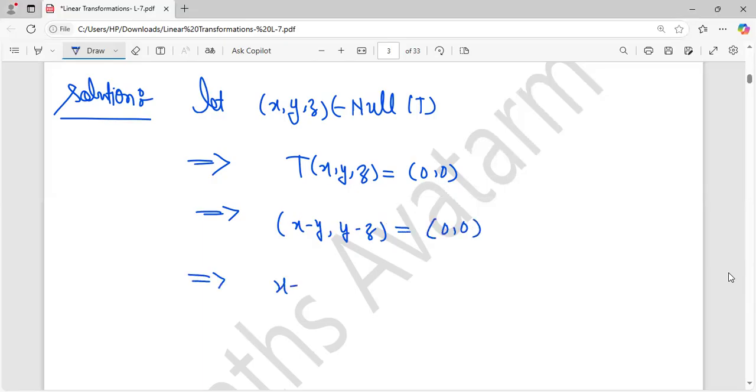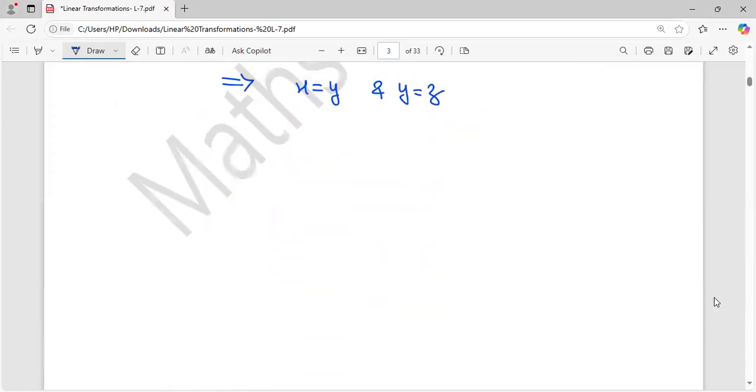So this implies x minus y is equal to 0, so x is equal to y and y is equal to z. So this implies (x, y, z) is equal to (x, x, x).